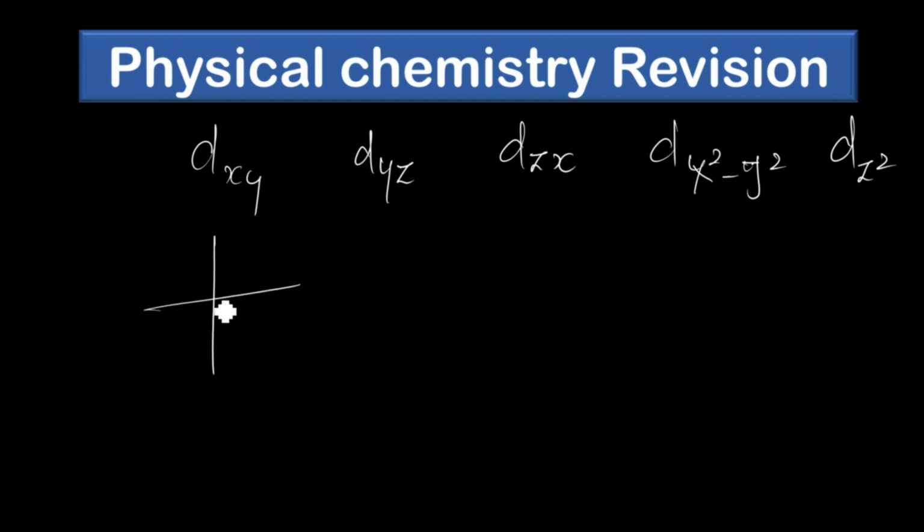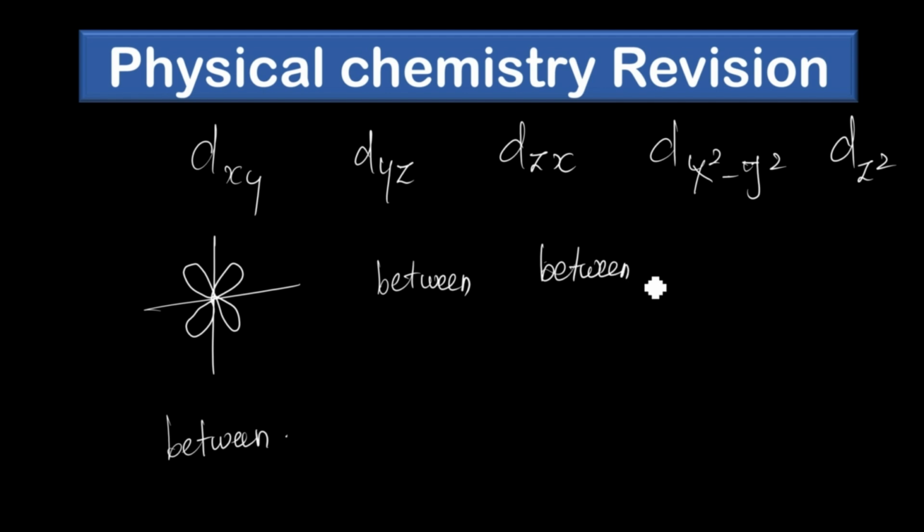Among these, dxy will have lobes between the axes, and dyz is also between the axes. Dx square minus y square will have lobes along the axes. Let's say I'm having y and x over here, so the double dumbbell shape will look like this.